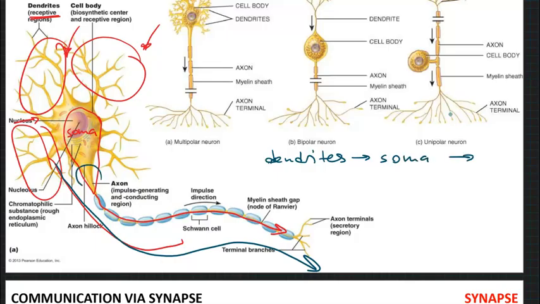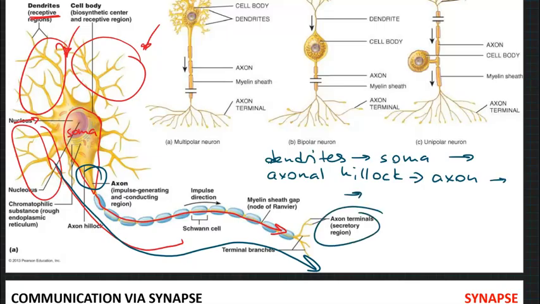Usually we mention that little bottleneck called the axon hillock. Then the axon, and at the very end you have axon terminals. Okay? Good?